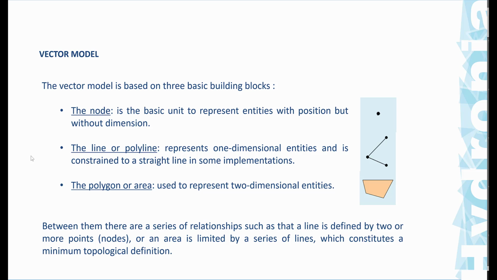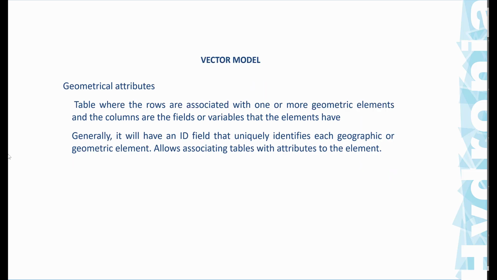Then you have the polygon or the areas, used to represent two-dimensional entities or geometries, as you see on the figure on the right. Between them, there is a series of relationships, so that a line can be defined by two or more points, and the same thing applies to the other geometries here.